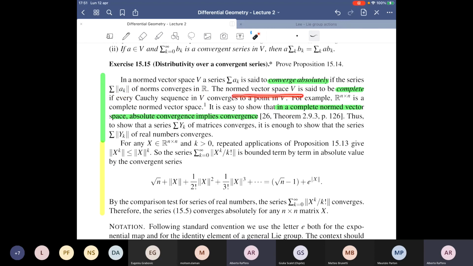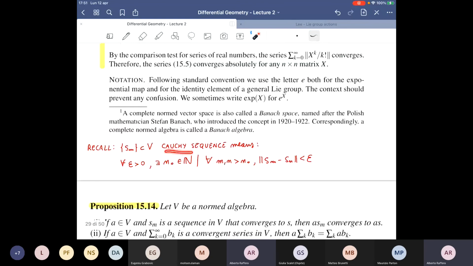And recall that a normed vector space is said to be complete if every Cauchy sequence in V converges to a point in V. Again, what is a Cauchy sequence?